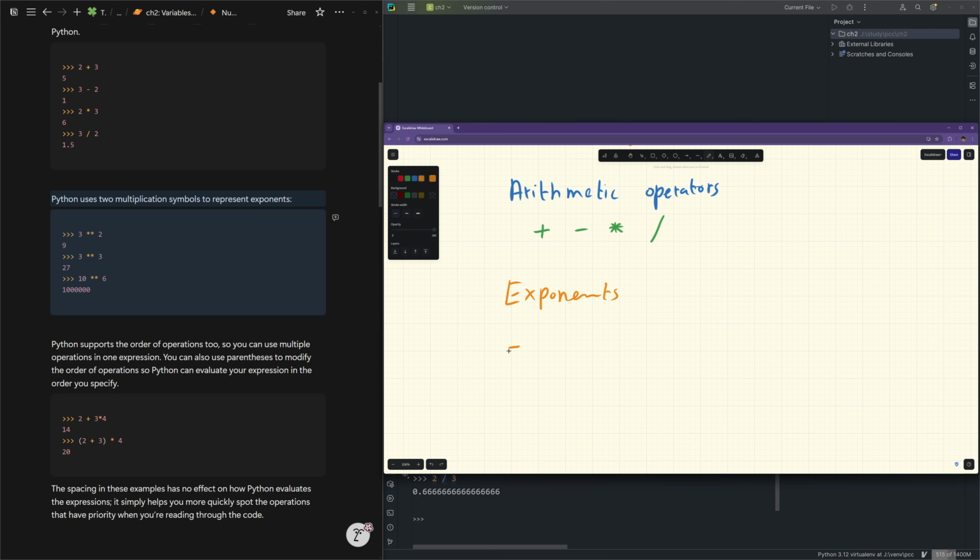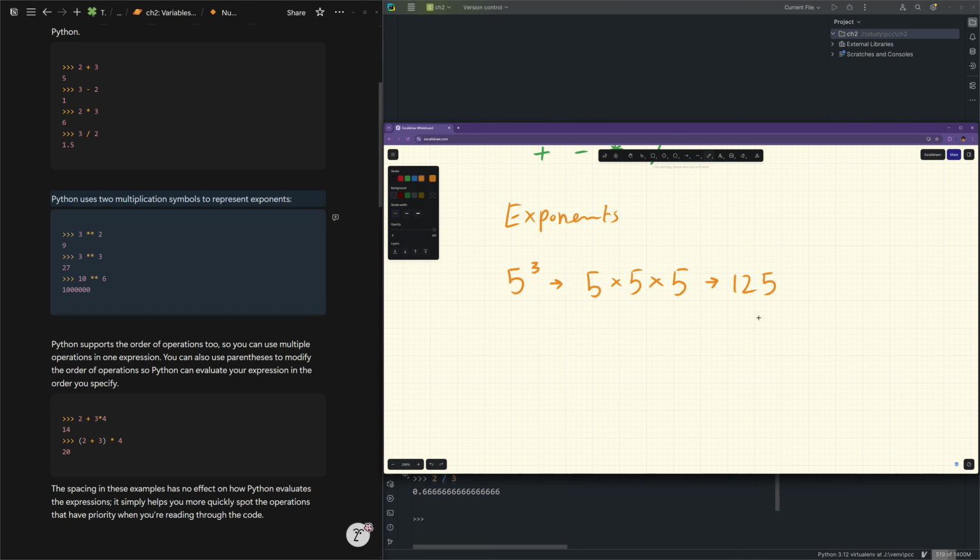Now in maths you must have done something like 5 to the power of 3, which is 5 times 5 times 5, which will be 125.